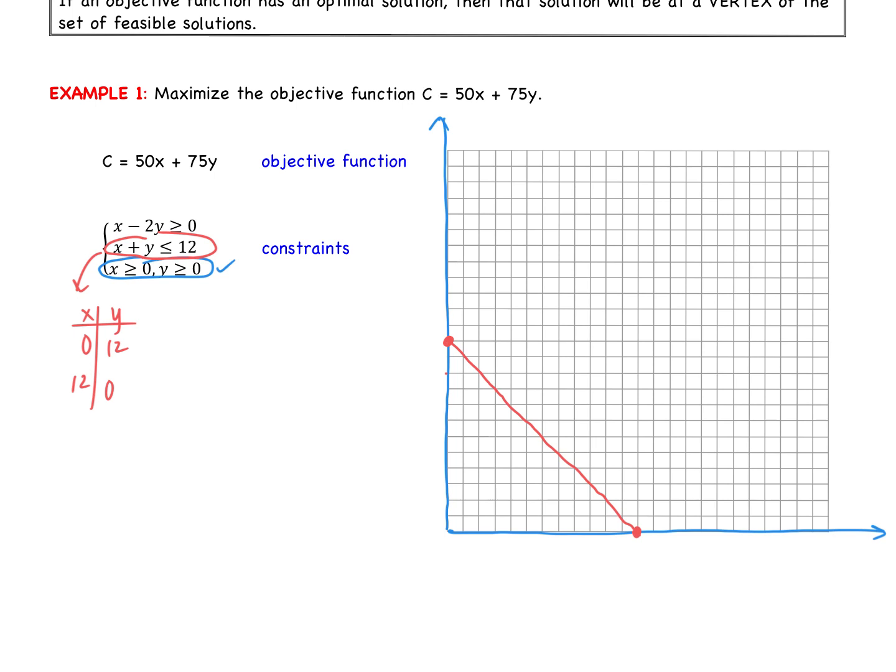It is an inequality, so there's going to be some shading. If we plug in 0, we get 0 plus 0 is less than or equal to 12, which is true, which means we're shading on the side that has 0, 0. So that is that second inequality.